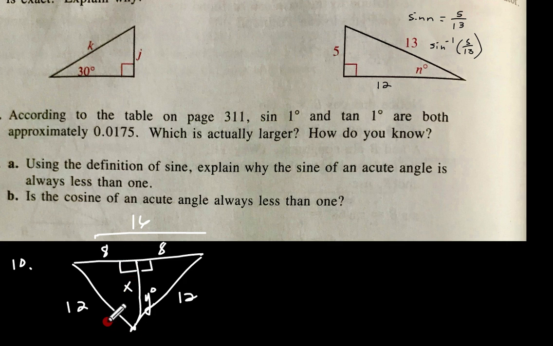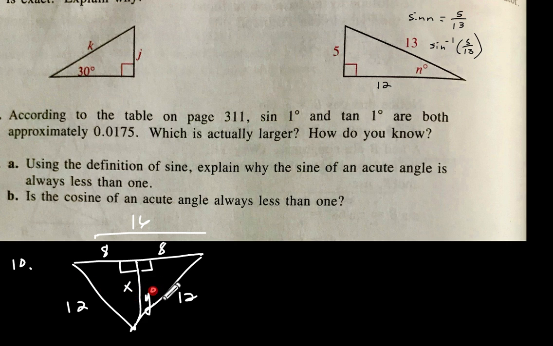So we don't have any of the, I told you this one's a little bit harder. So we're going to go with this side right here. We don't have the angle. We know it's an isosceles triangle.